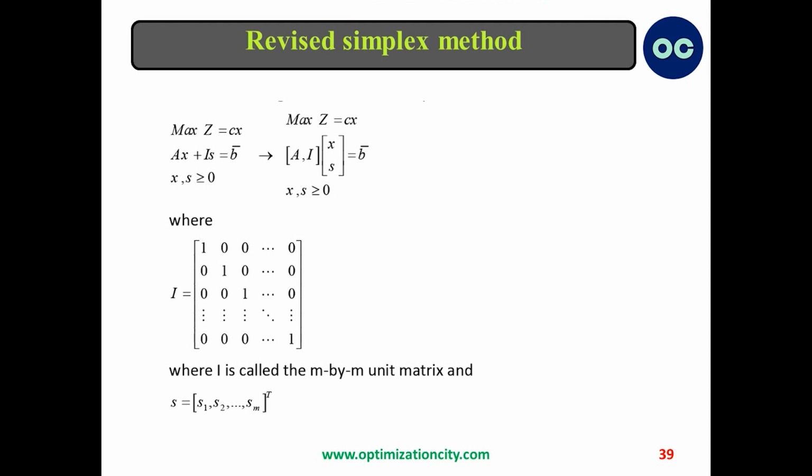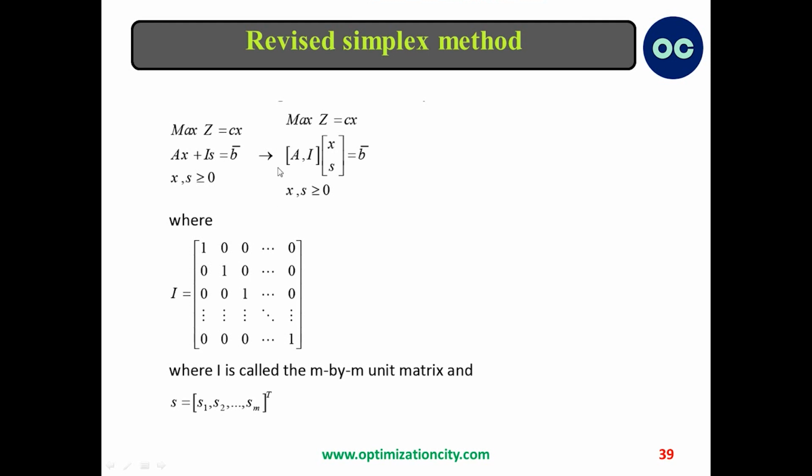In the case of adding a slack variable, the problem becomes as follows. We have s as a slack variable, a vector including s1 to sm, where m is the number of variables. A comma I is a matrix that is all zero except for the diagonal, which is equal to 1.